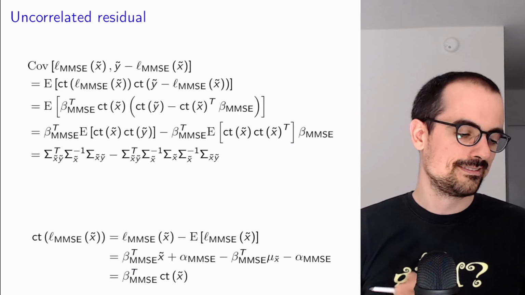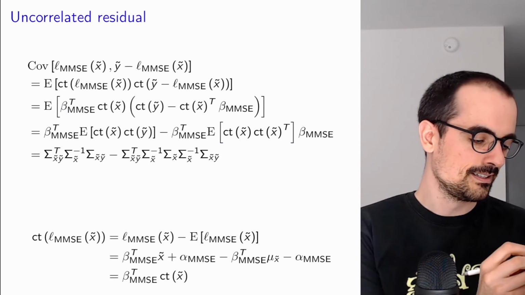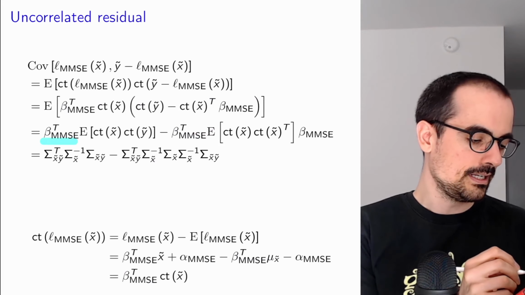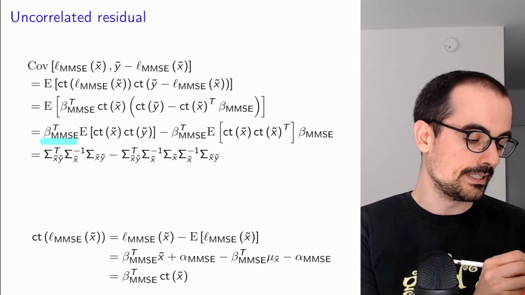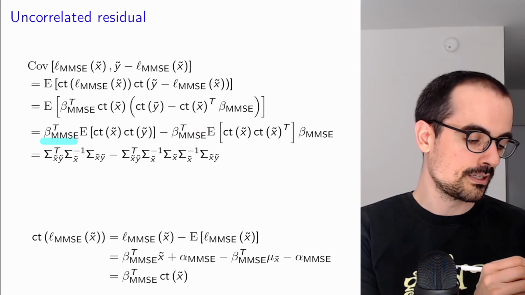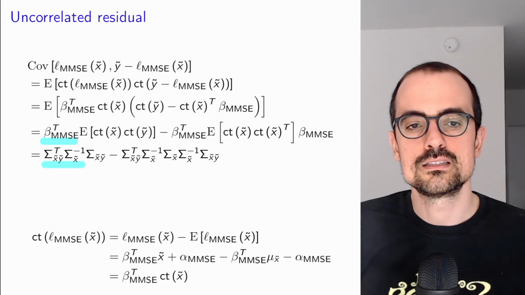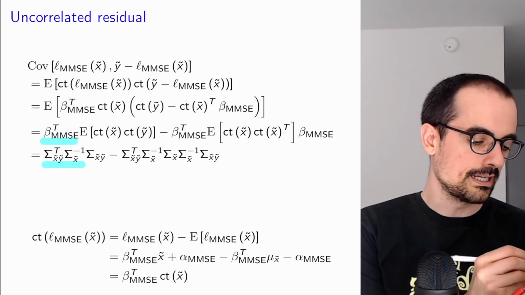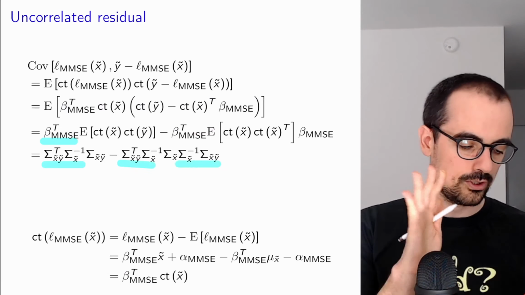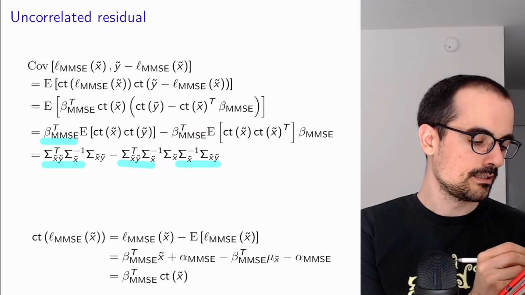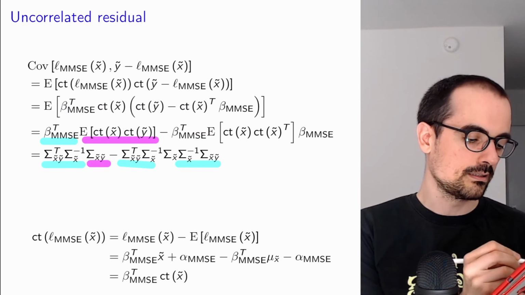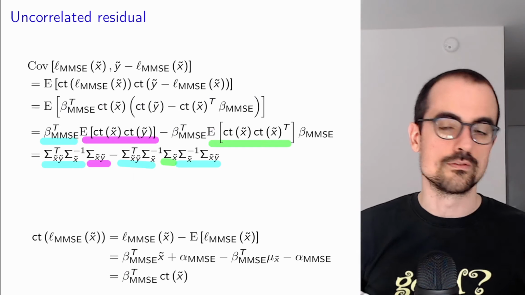Okay, so maybe I will highlight here that the optimal linear coefficients are equal to the cross covariance times the inverse of the covariance matrix, in case you have forgotten. And this is where they appear, so that you don't get lost. And then this is equal to the cross covariance, and this is equal to the covariance.